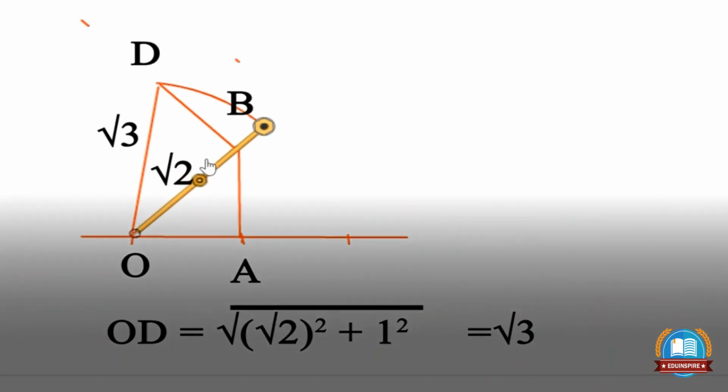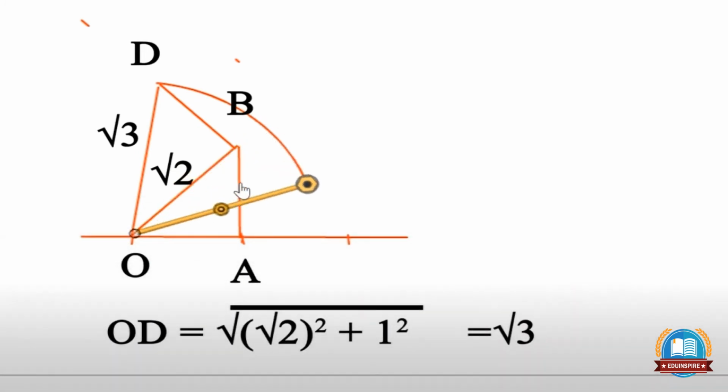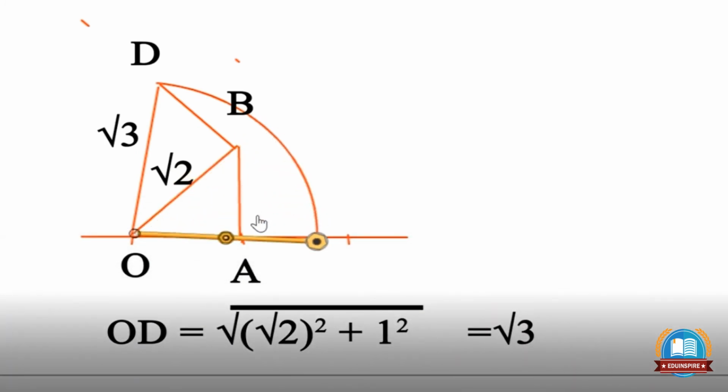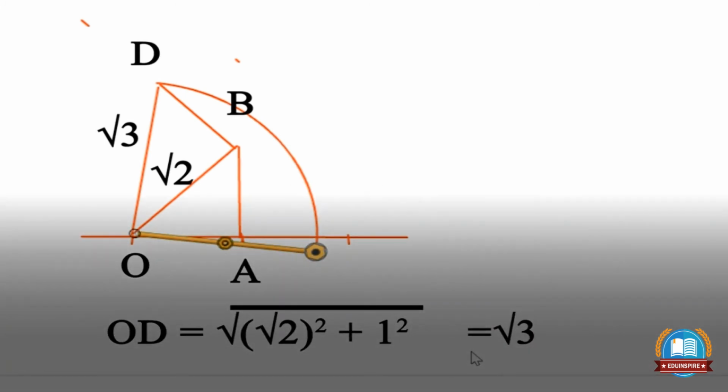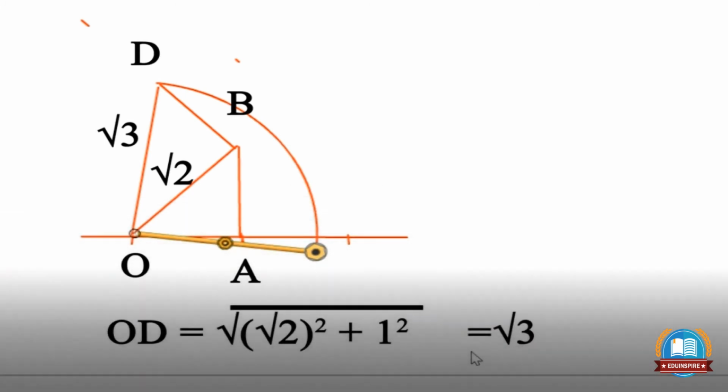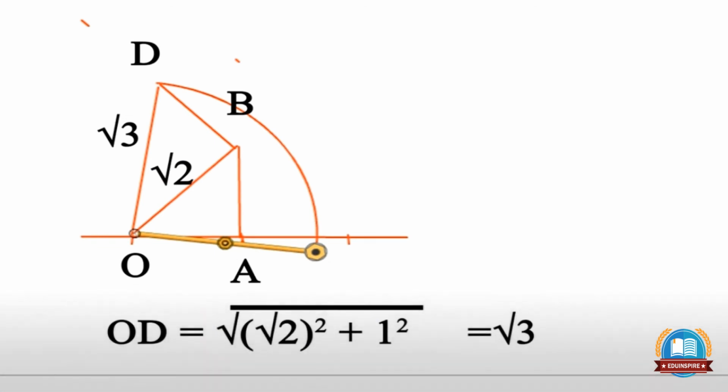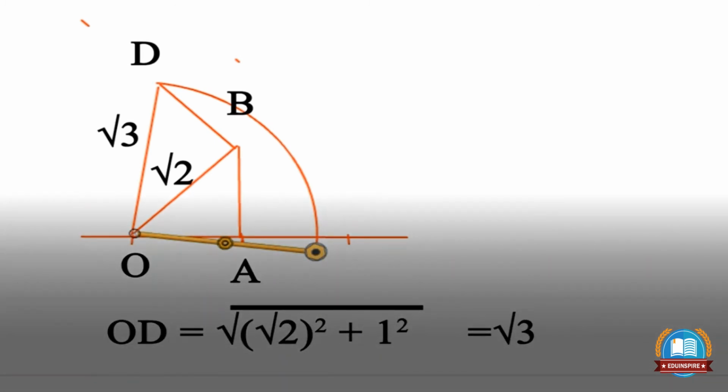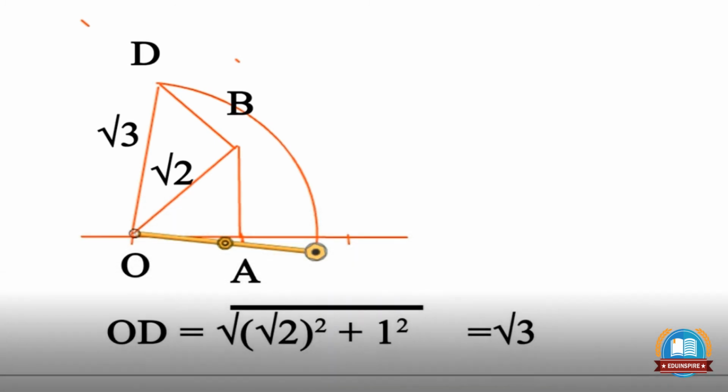Using the compass with center O and radius OD, draw an arc intersecting the number line. This point corresponds to root 3 on the number line. In the same way, you can locate root n for any positive integer n after root n minus 1 has been located.